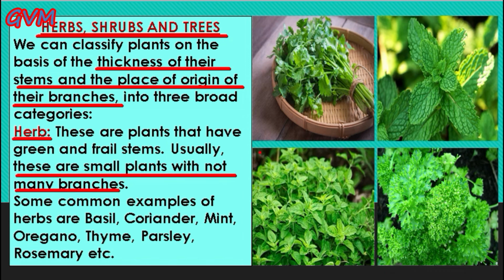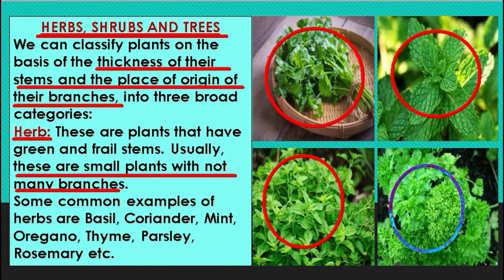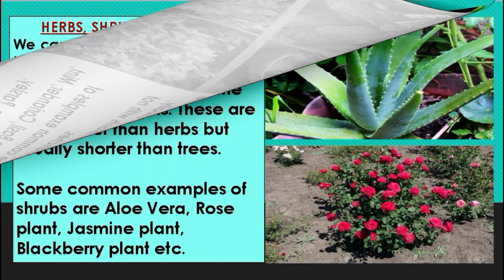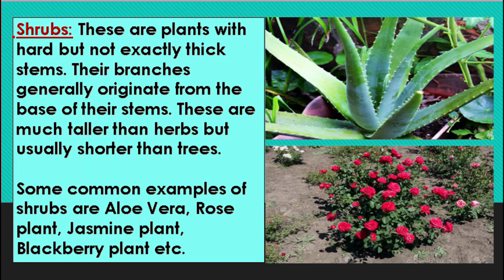For example, coriander, mint, oregano, parsley, etc. And students, these plants also have aromatic properties that are used for flavoring and garnishing food, and also for medicinal purposes or for fragrances. Now students, the next category is shrubs.